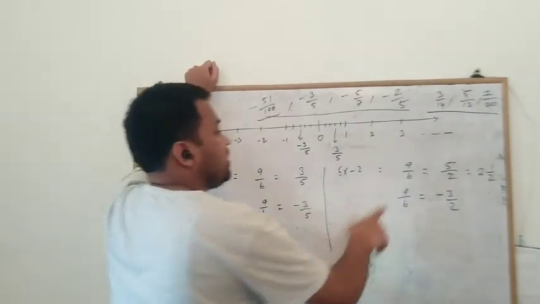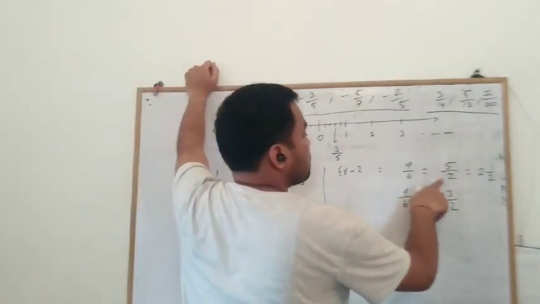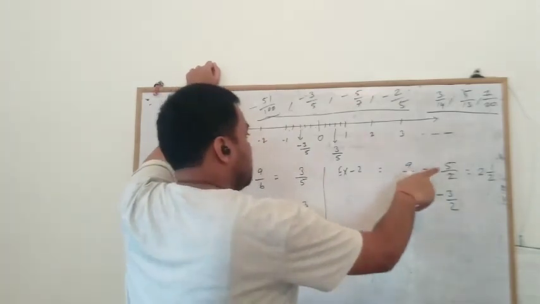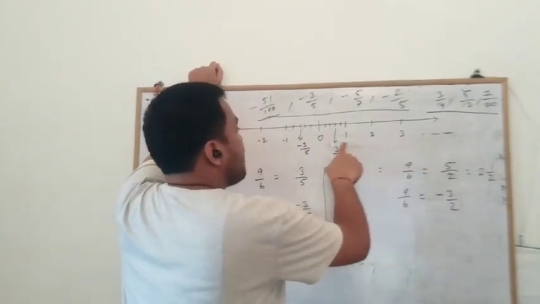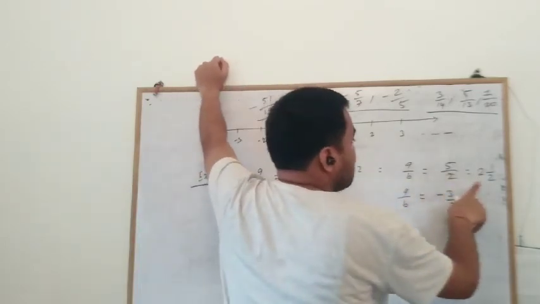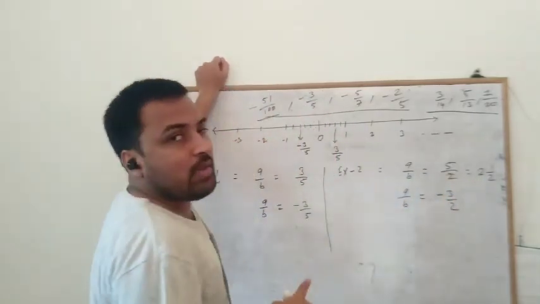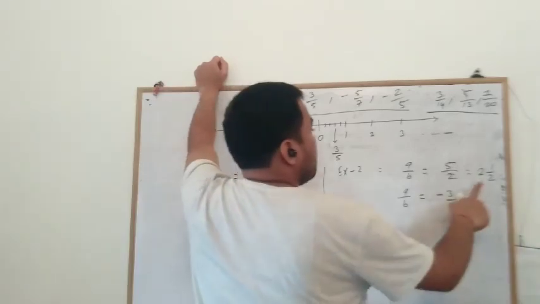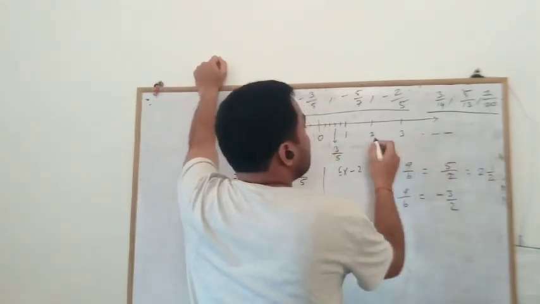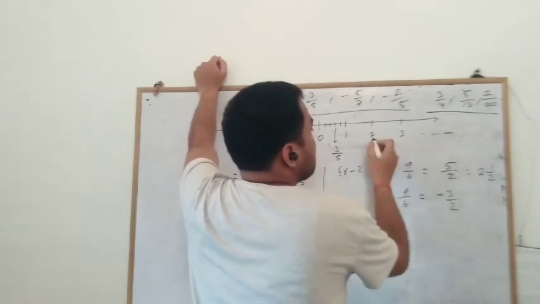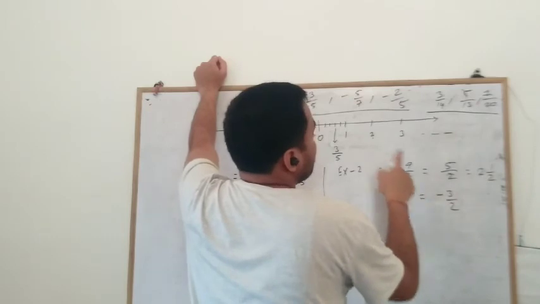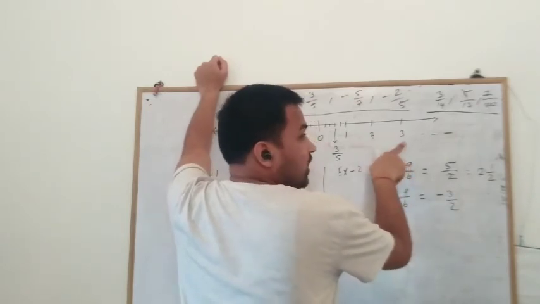First, a by b is a positive rational number, so it will be represented to the right of 0. Now we have to find the space where 5 by 2 will be represented. Since it is 2 whole 1 by 2, this number is greater than 2 and less than 3, so it will be represented between 2 and 3.